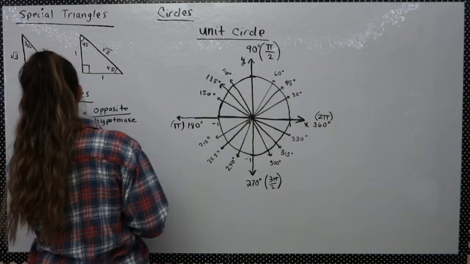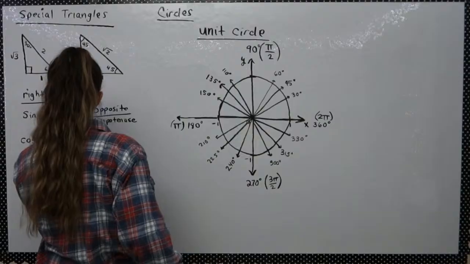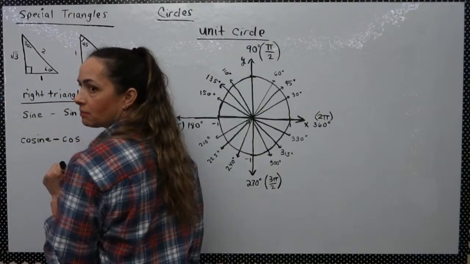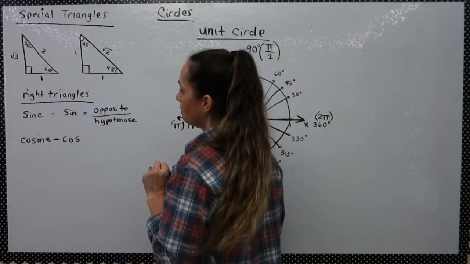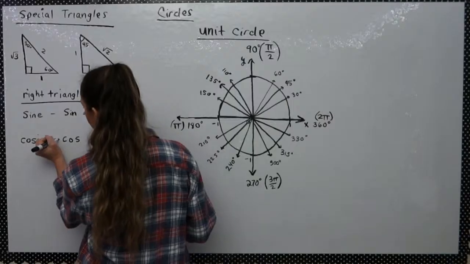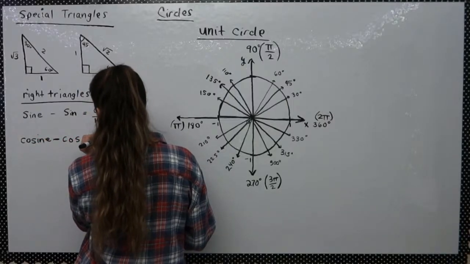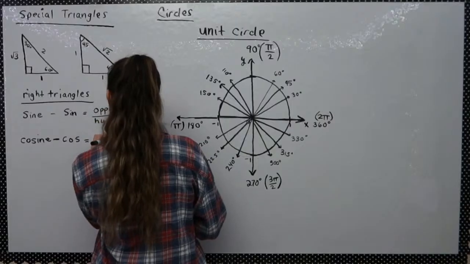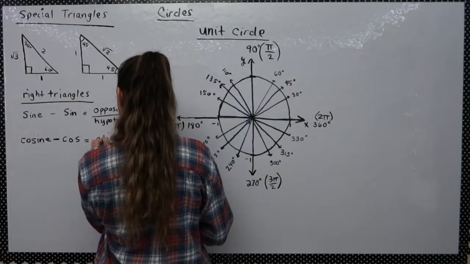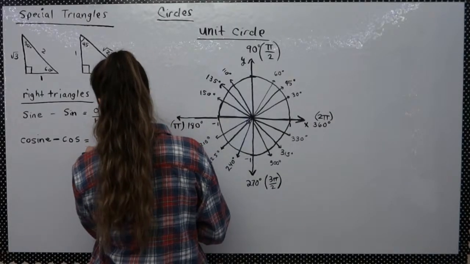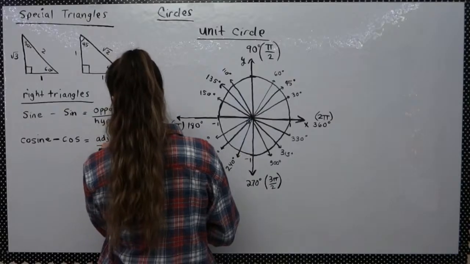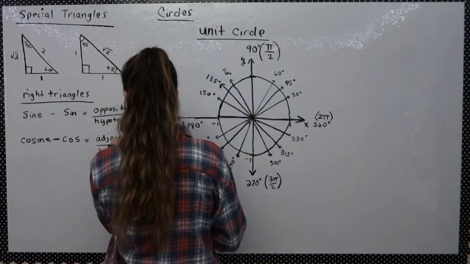I'm a lefty, so I can't really see what I'm writing. No one else can see what I'm writing either. That's a challenge. But you've got cosine, which by definition is adjacent over hypotenuse. Okay.